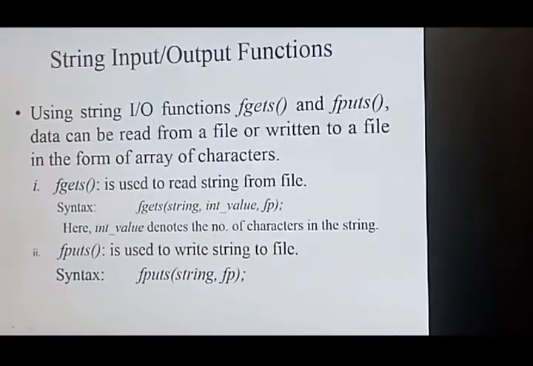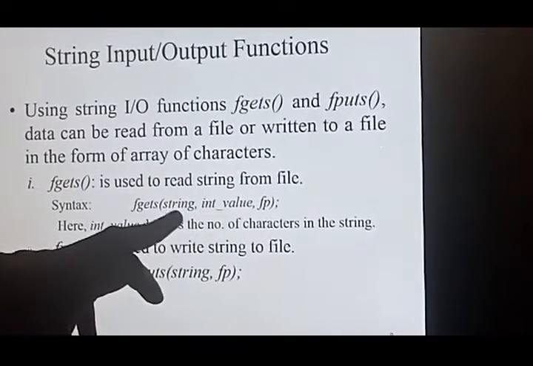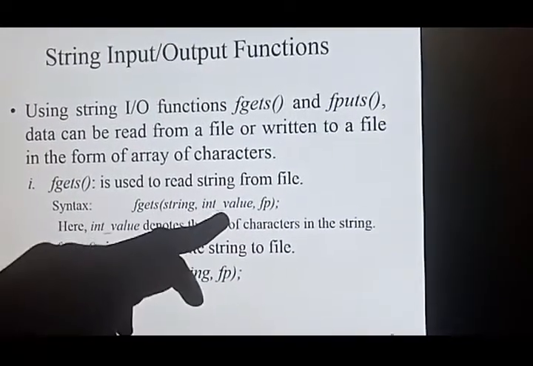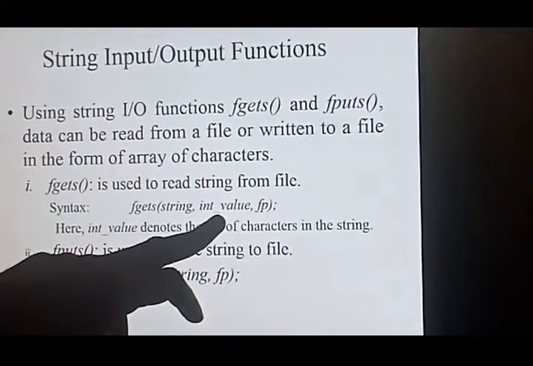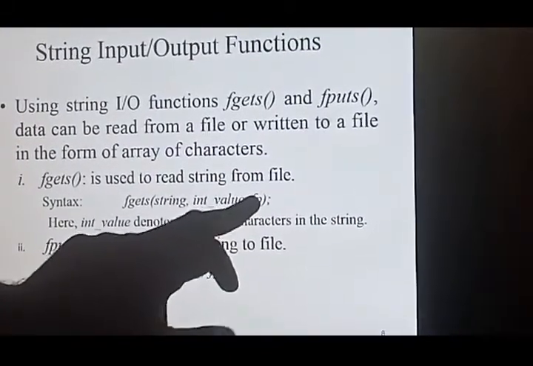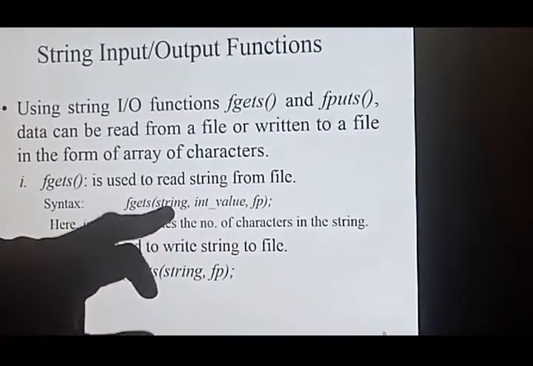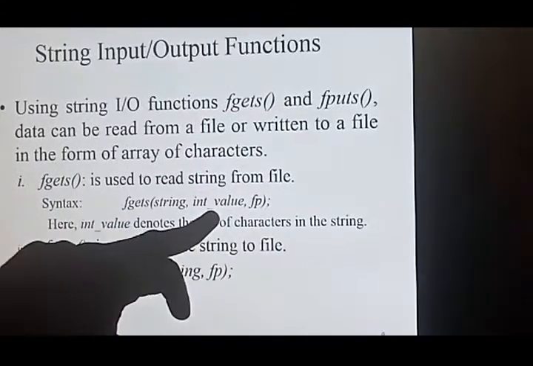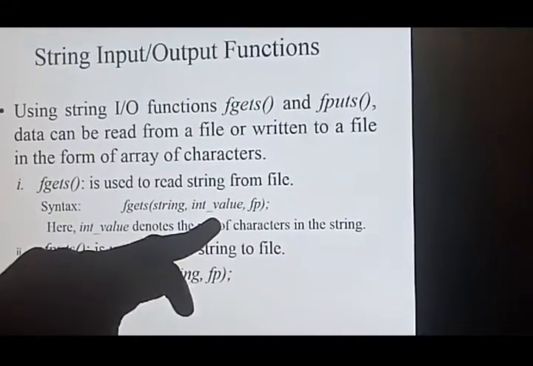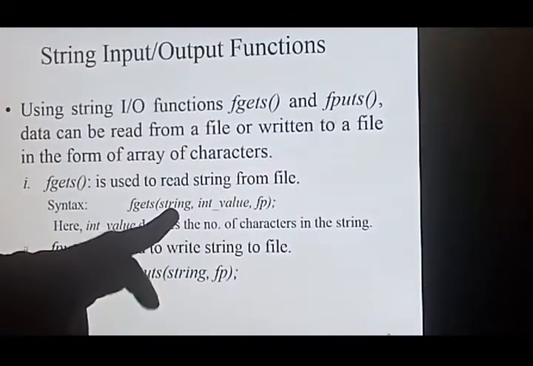Okay, and already we see this might be the syntax for it. You are going to have the string and the number of characters you want to get from the file, and the value from the file will be put into the mentioned string variable name. So how many characters you mention, that number of characters will be read from the file, and that will be in the string.